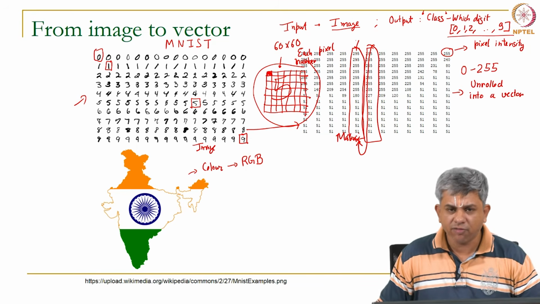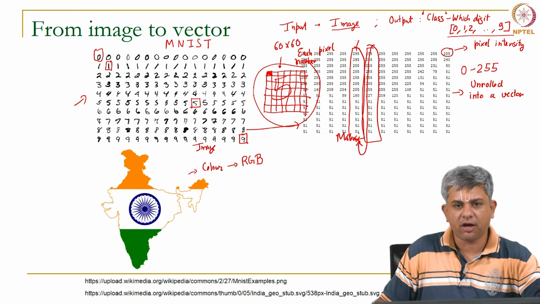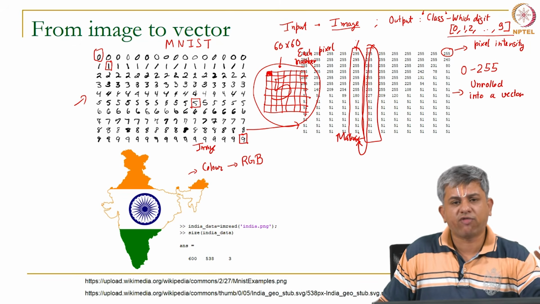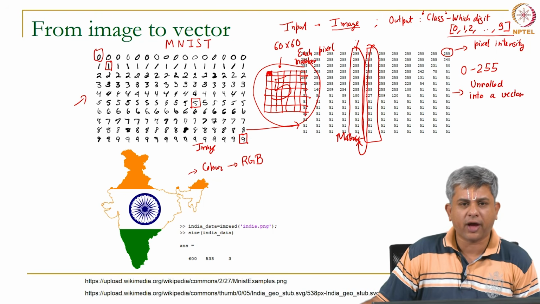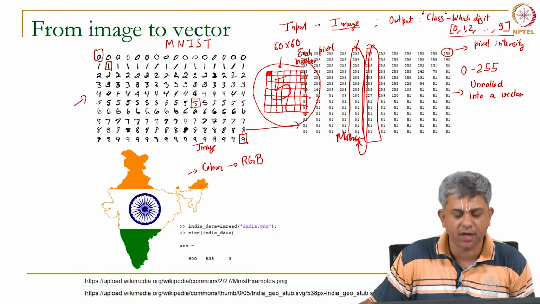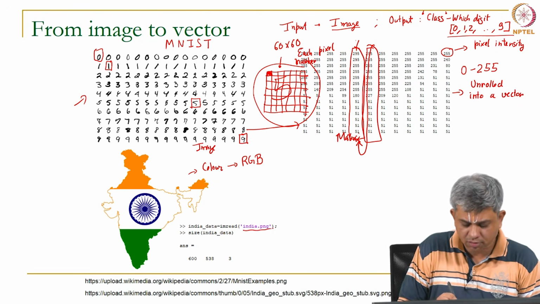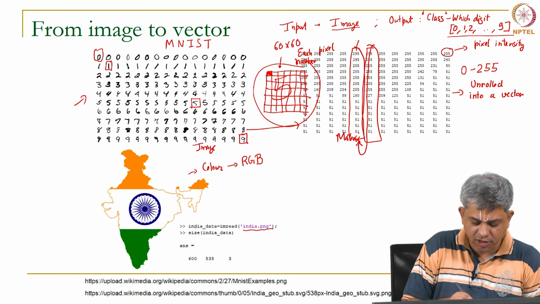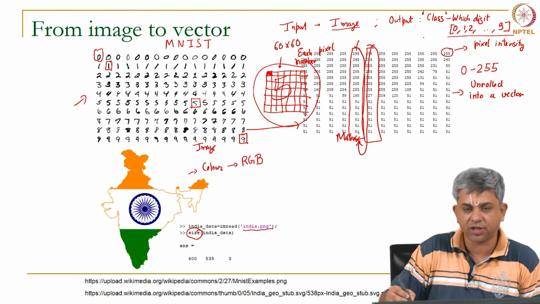We will look at this in greater detail when we come to convolutional neural networks, but for now you can see on your screen a small MATLAB script. I took this India image and found out its size.